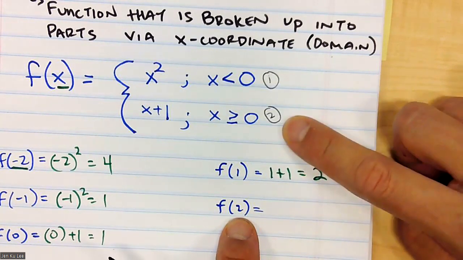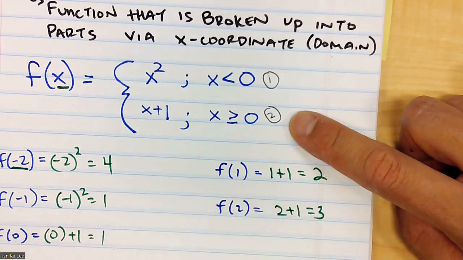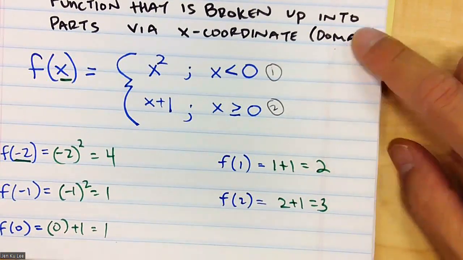And then 2, which is greater than 0, is 2 plus 1, which is 3. Okay? Make sense?